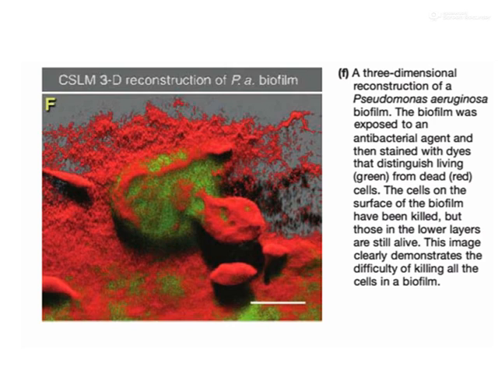Now in this structure, the biofilm has been exposed to an antibacterial agent, and after that it has been stained with living as well as dead cell identifying fluorochromes. You can see that the living cells appear green in color, and the dead cells are viewed here as red cells. The cells on the surface of the biofilm have been killed, but those in the lower layers are still alive.